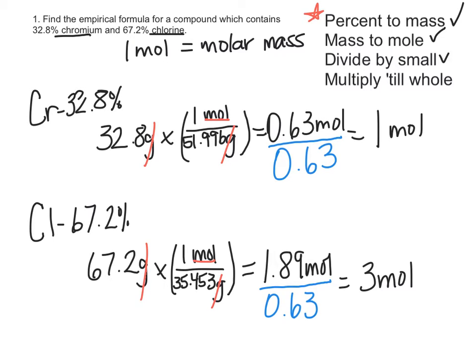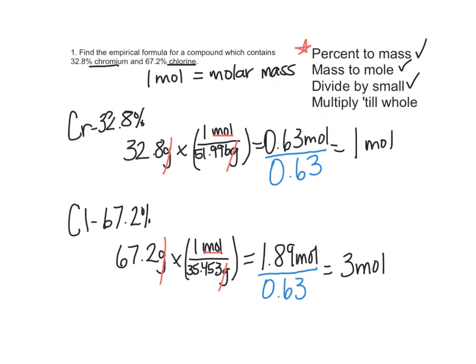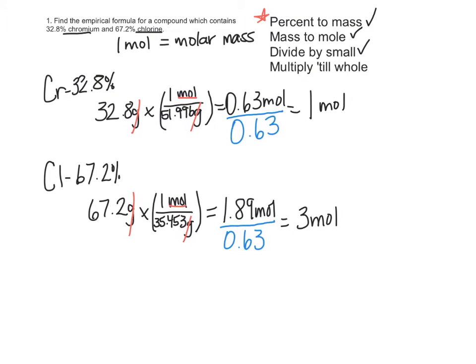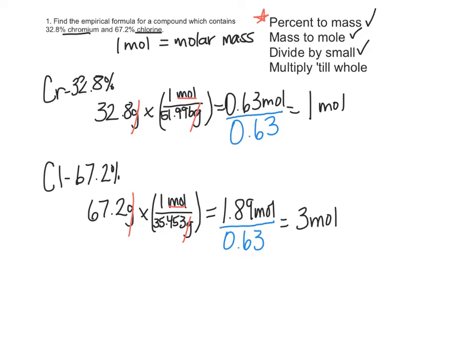So I just did step 3. Now for step 4, for this particular problem, we don't have to do it because we already have whole numbers here. So if I take a look at this, I already have 1 mole of chromium and I have 3 moles of chlorine, so I'm ready at this point to put my final answer.